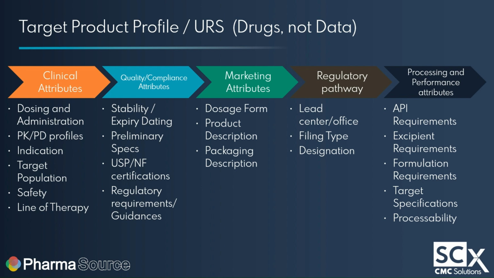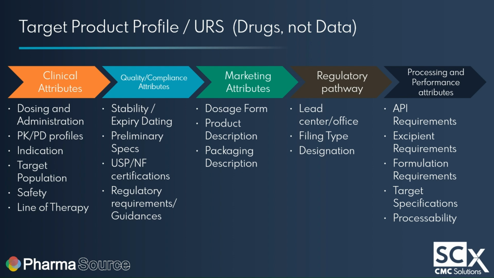Clinical, quality, your marketing group, regulatory, of course, your scale-up and processing and supply chain folks, in addition to you as the formulator. So there are a lot of different opinions that might not have the same outlook as you do as a formulator, but their requirements impact and inform how you design the dosage form.